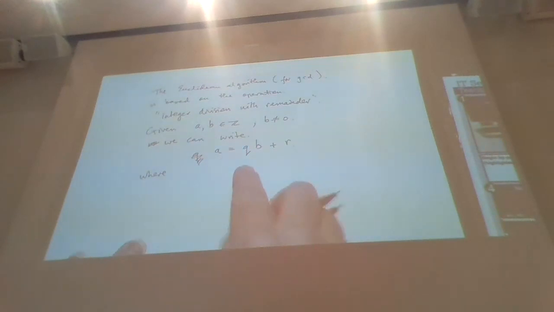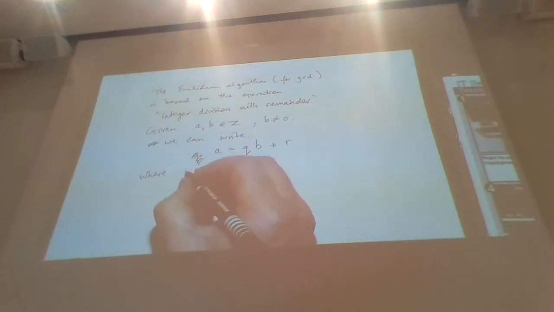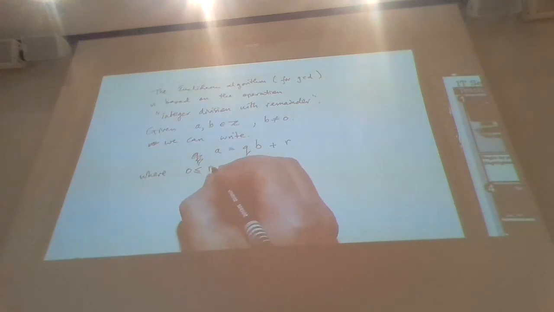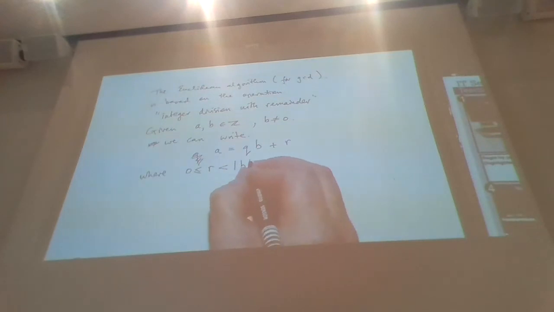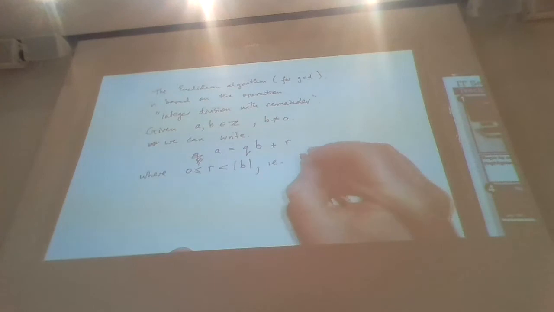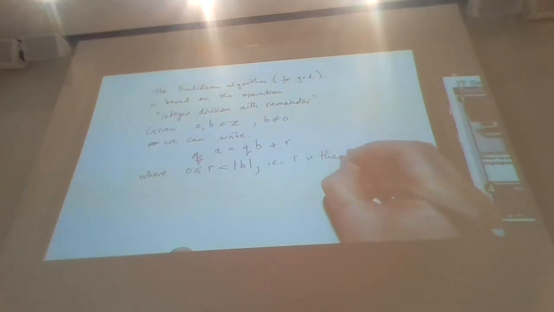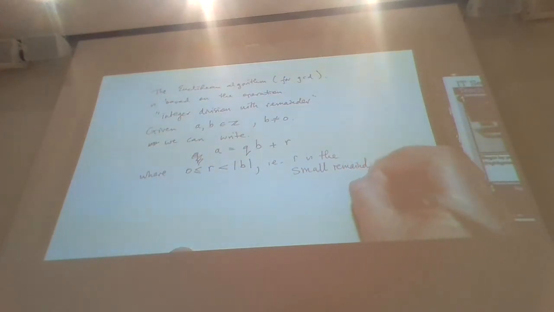This remainder has the nice property that it is greater than or equal to 0, so it's non-negative, and it is strictly less than the absolute value of B. So it's a small remainder, the small remainder left after you divide A by B.